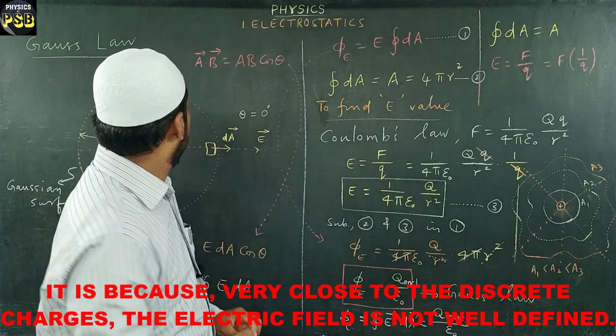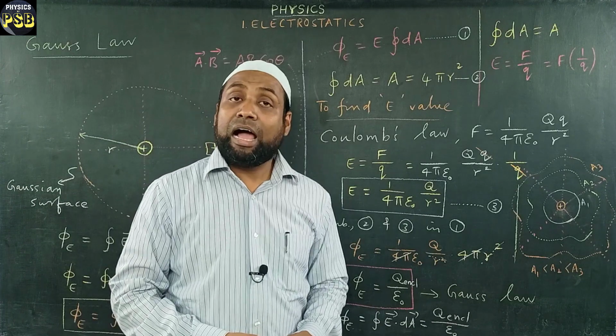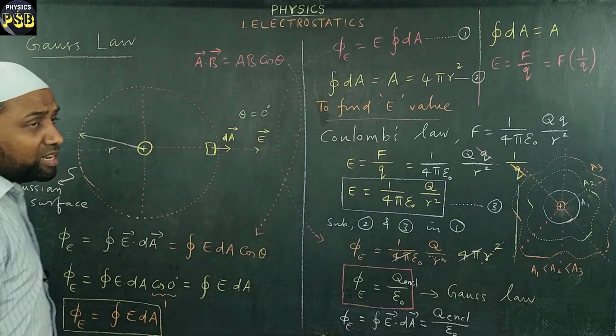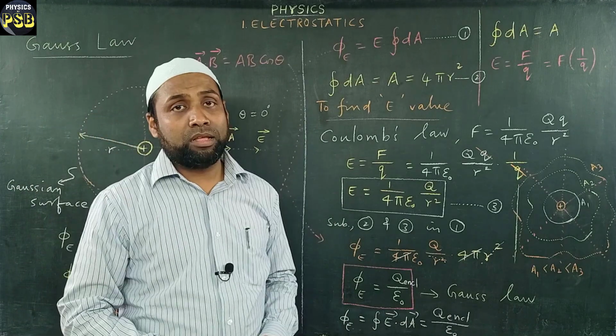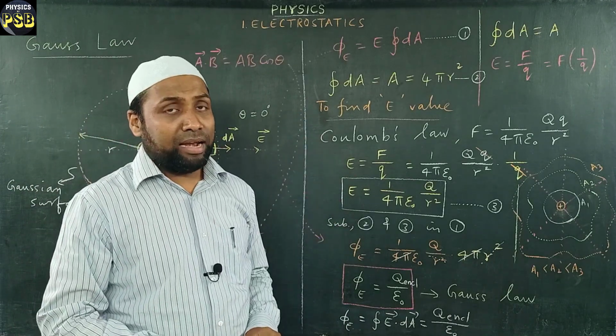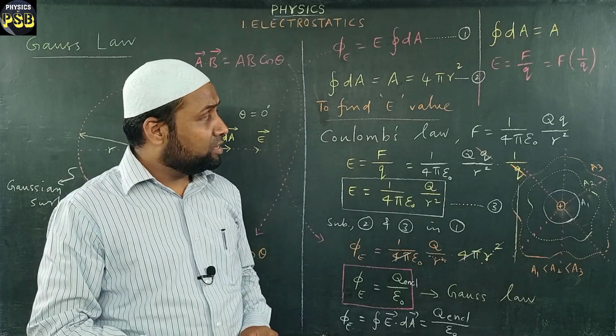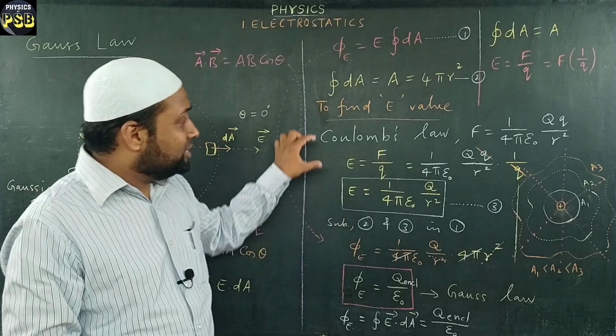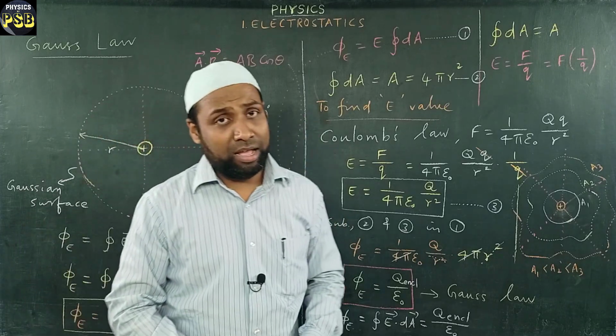And a very last thing I would like to tell you about the Gauss law is, Gauss law is nothing but another form of Coulomb's law, and it deals with the moving charges as well. So it is more generalized than Coulomb's law.